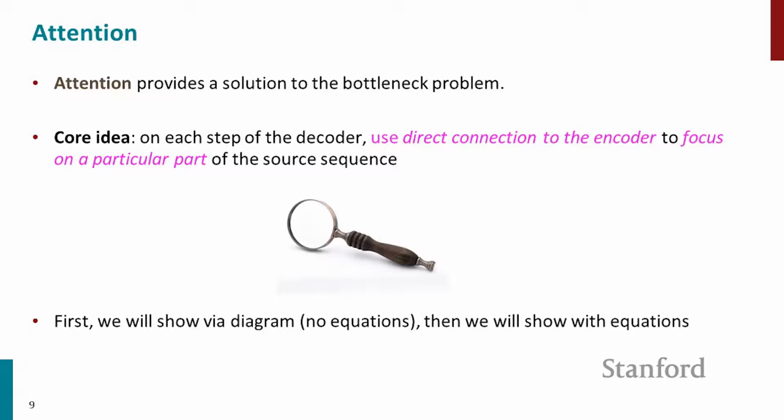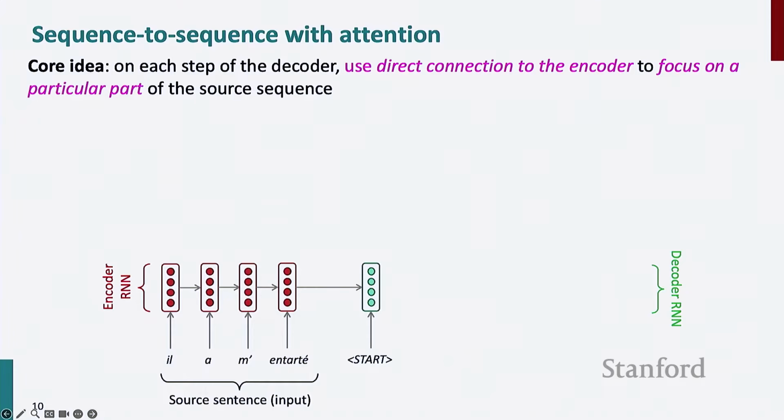So on each step of the decoder, we're going to insert direct connections to the encoder so we can look at particular words in the sentence. So I've got a bunch of diagram sentences that go through what we do, and then after that, I'll present the equations that go along with this. Okay, so once we're starting to translate, we've got a hidden state at the start of our generator, and then we're going to use this hidden state as our key to look back into the encoder to try and find useful stuff.